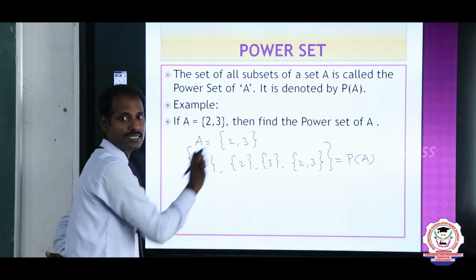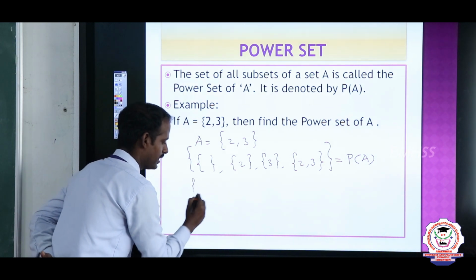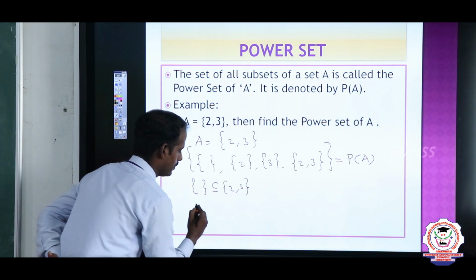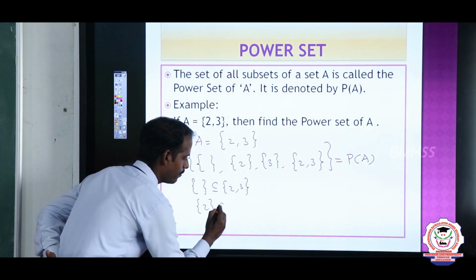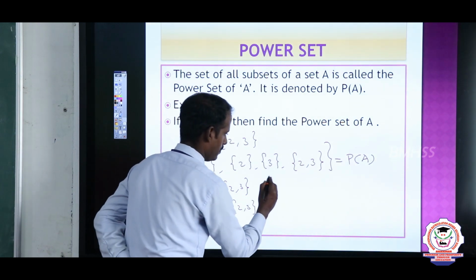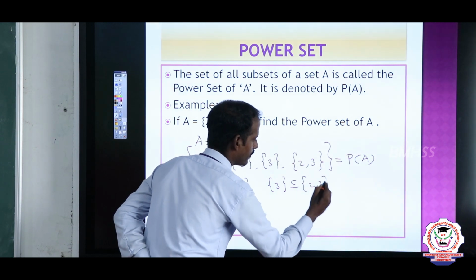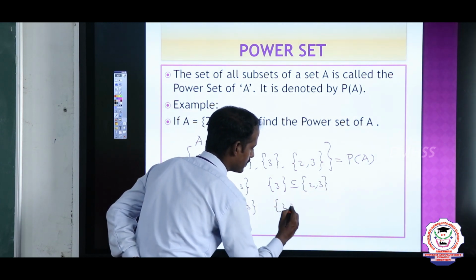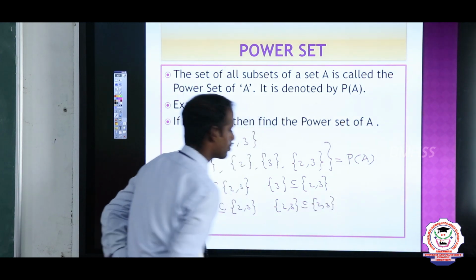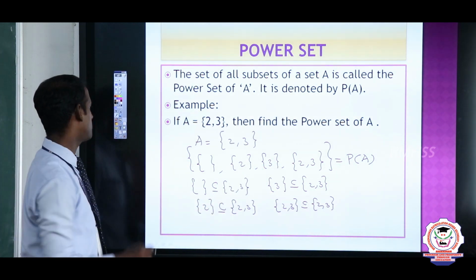So here I explain the subsets: the null set is a subset of 2 comma 3, 2 is a subset of 2 comma 3, 3 is a subset of 2 comma 3, 2 comma 3 is a subset of 2 comma 3. So P of A equals these possibilities.